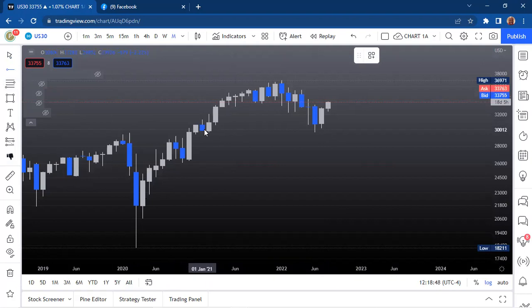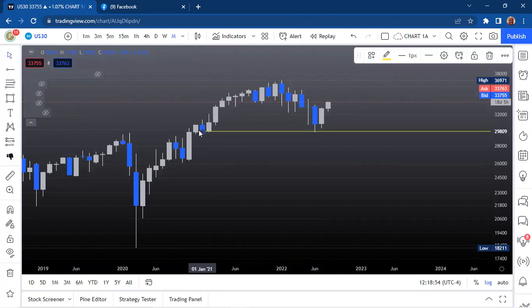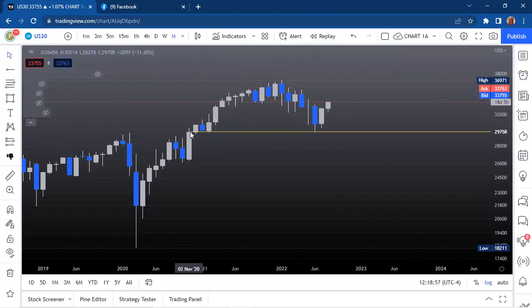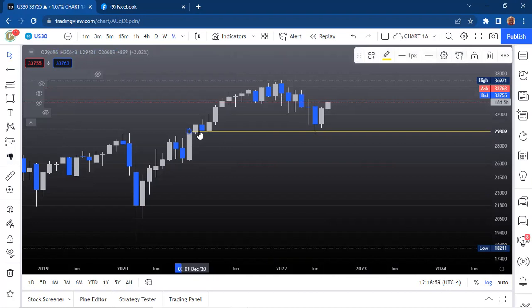So this is the very first level. I want to put a structure level right underneath that particular candle. I want to know that if the market comes back down to these levels and breaks this level, it's going to go down.